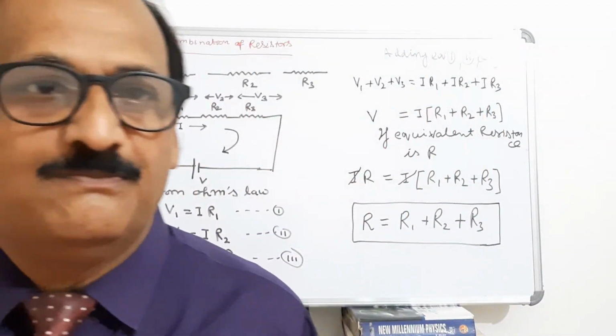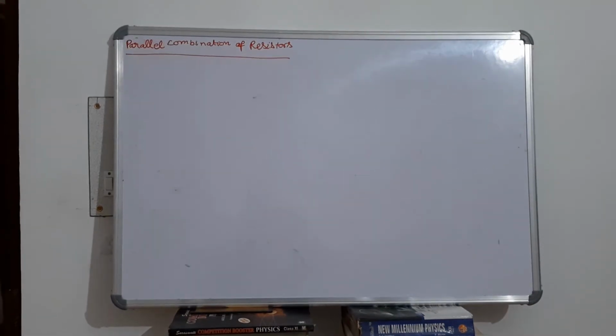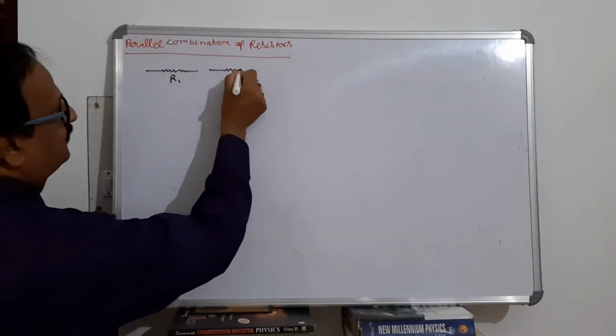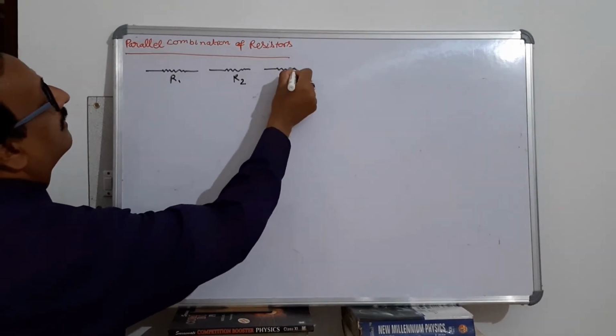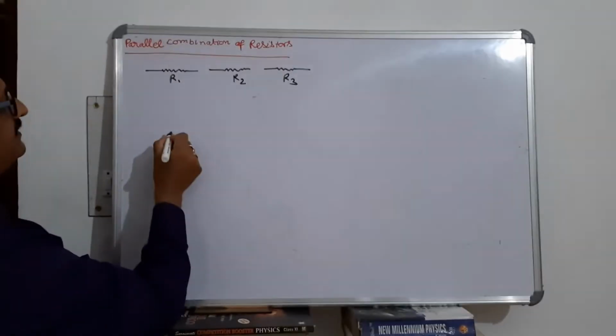Now I will take parallel combination of resistors. Suppose that there are three resistors: R1, this one is R2, and another resistor R3. Now all these three resistors are connected in parallel like this.